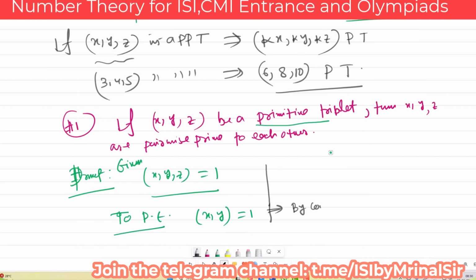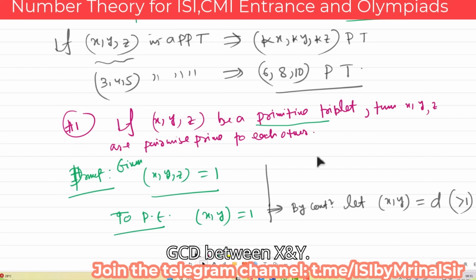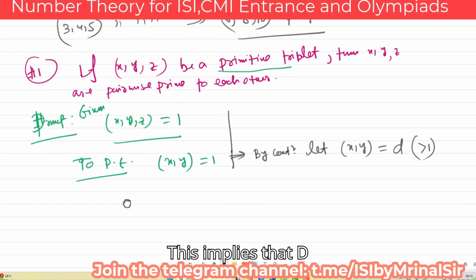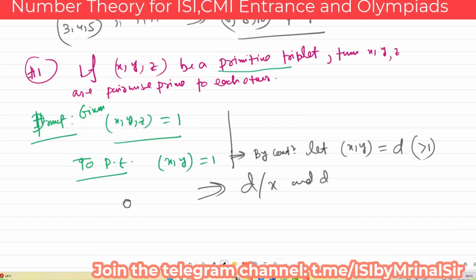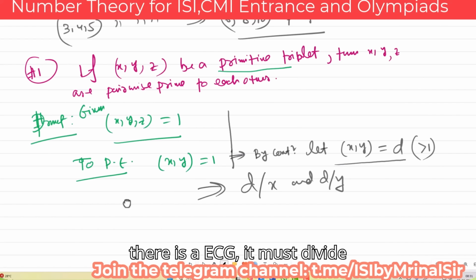By contradiction, let the GCD not be 1, where this D has to be greater than 1. This is the GCD between x and y. Then this will imply that D divides x and D divides y. This is a very common observation: if there is a GCD, it must divide x and y.